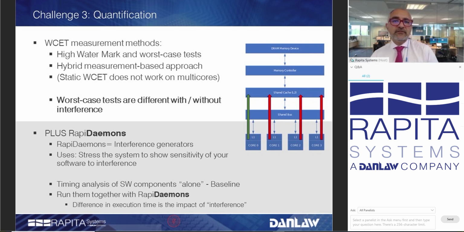So the key way, the methodology that we've been proposing over the years, is to start with an analysis method mainly based on measurements, which we call hybrid measurement-based approaches. This is a combination of collection of data from an observation of how long pieces of software really take to execute on the hardware, with no assumptions about how the model of the processor works, together with some high-level analysis to understand what is the impact across the whole application.